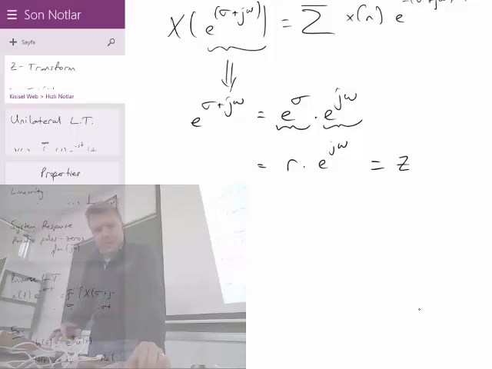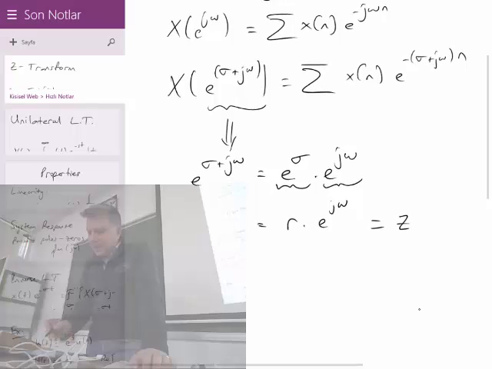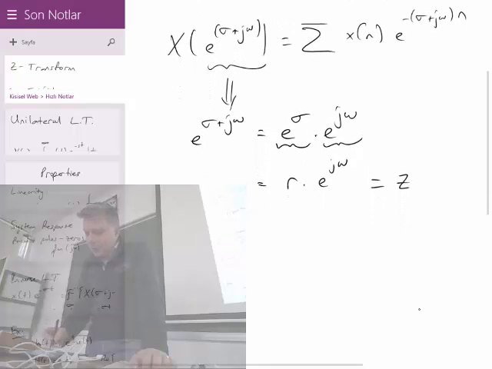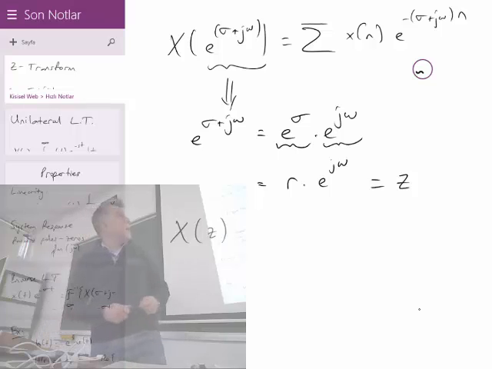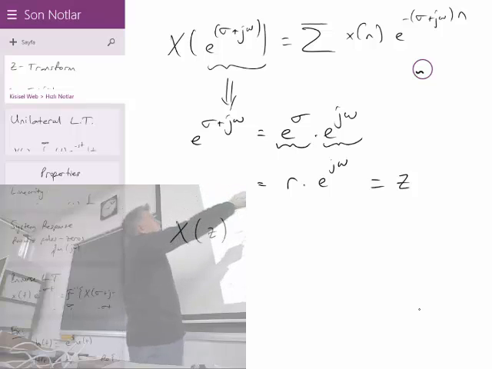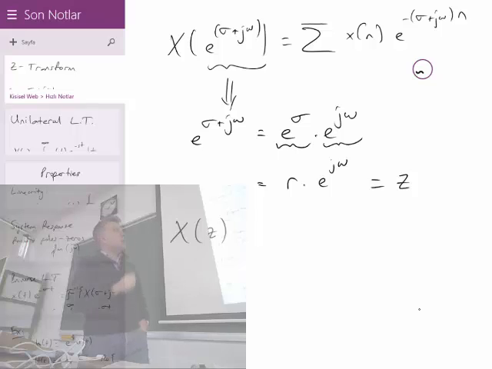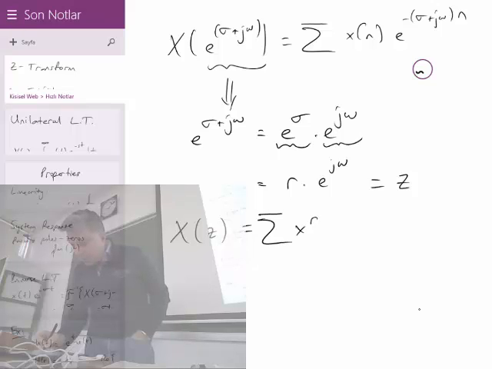Okay, so what can we say about the z-transform then? The z-transform can be reformulated like this. e to the sigma plus j omega is r times e to the j omega, and in that parentheses argument, therefore, we have x of z, and x of z is equal to, for all n, summation x of n times.